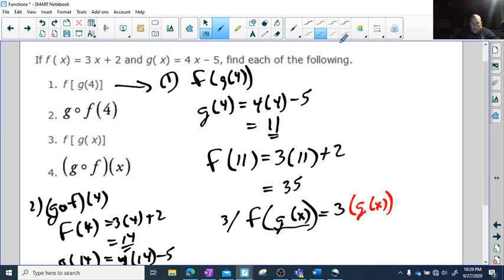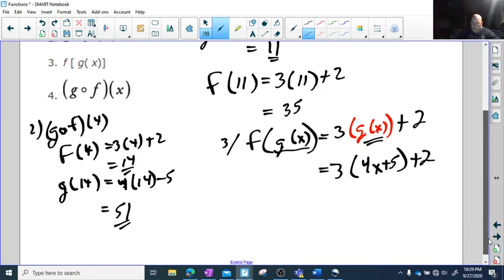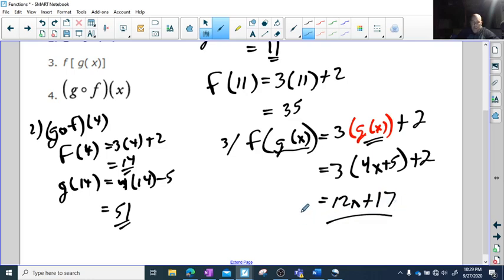And then I have my plus 2 still there. And now replace g of x with the actual function value of g of x, which would be 3 multiplied by 4x plus 5 plus 2. And then you just clean this up. So that would give me 12x plus 15 plus 2. There's f of g of x.